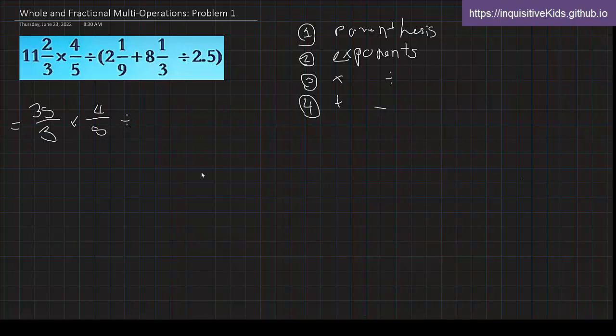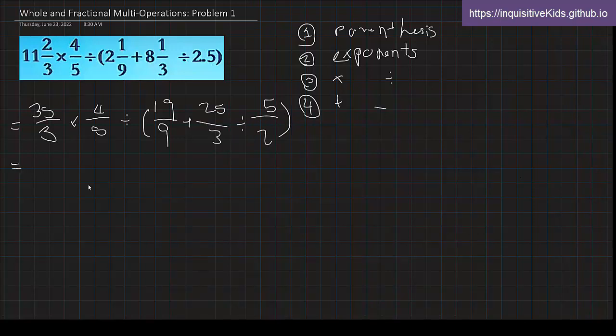And we're not doing this all in our head, we're writing down the steps, and I'm going to write down equal signs like this to make my work clear. Then we have the parentheses. In there, 2 and 1/9 is 19/9, plus 25/3 divided by 5/2.